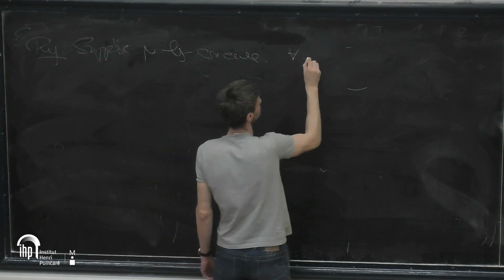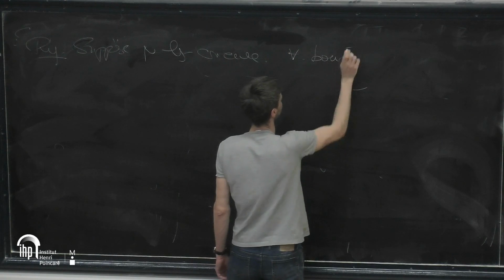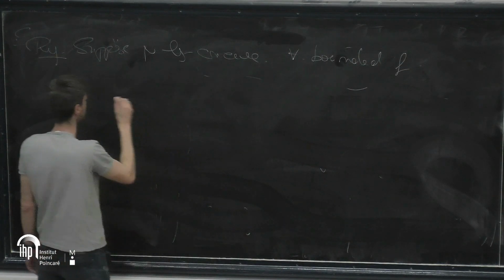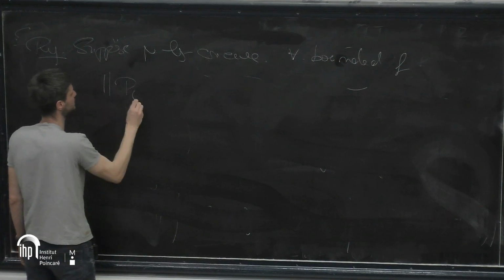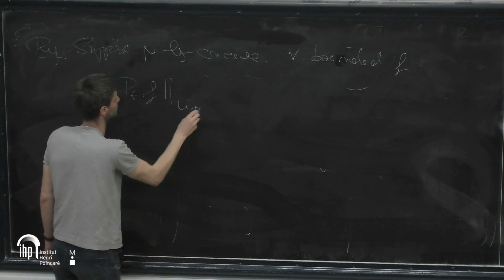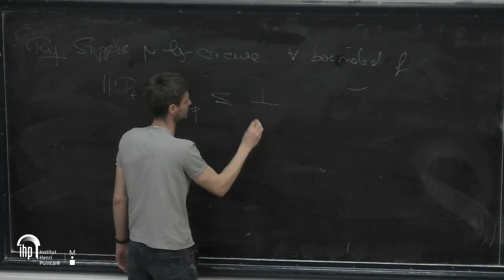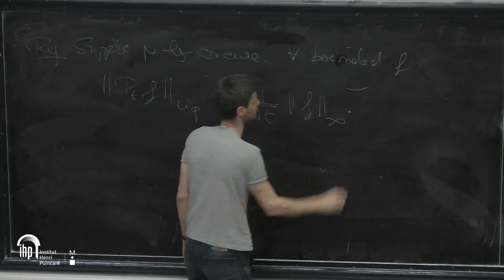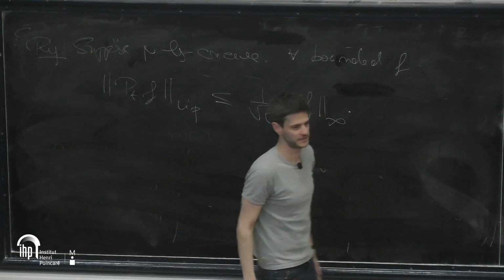Then for every bounded f, PtF is Lipschitz. And the Lipschitz constant is like 1 over square root t times the L infinity norm of f.